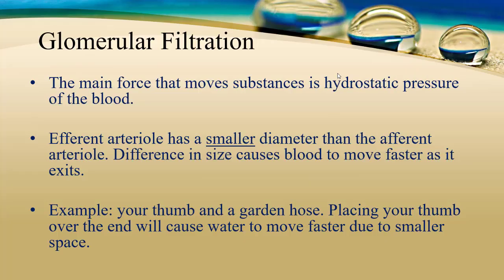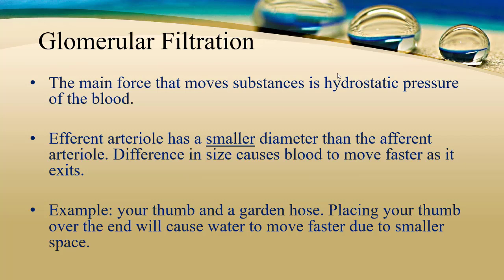Now the main force that moves substances through the glomerulus is hydrostatic pressure of the blood. And that's because the efferent and afferent arterioles have a different diameter from one another. The efferent arteriole actually is smaller in diameter than the afferent arteriole. And that difference in size causes the blood to move faster as it exits.